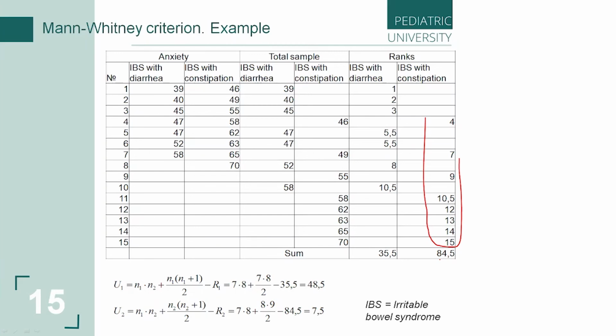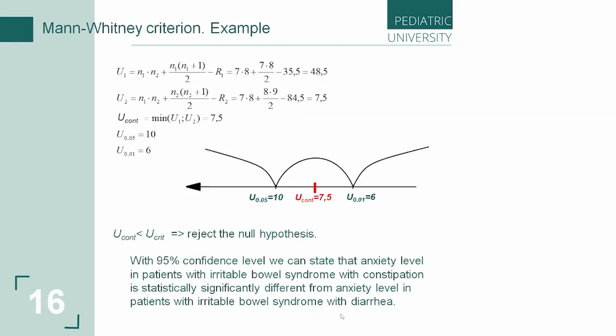After that, we should use the formula to calculate the values of U1 and U2, and the values will be 48.5 for U1 and 7.5 for U2. Then our control value is the lowest of these two, which is 7.5.